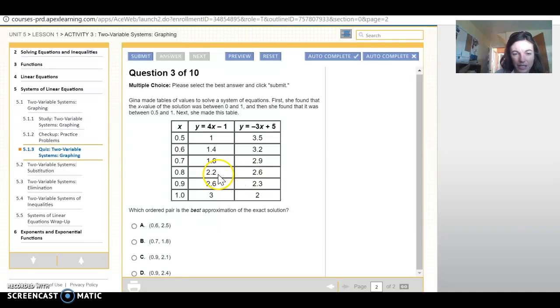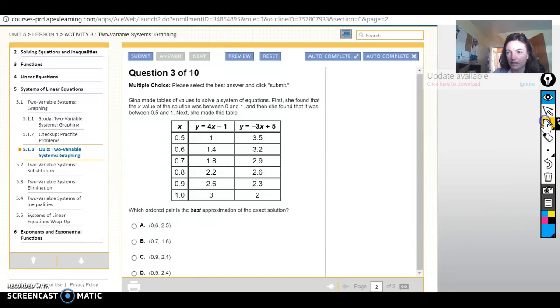So what we're going to do is subtract, we'll call these y1 and y2. I'm going to subtract y2 from y1 on each of these.